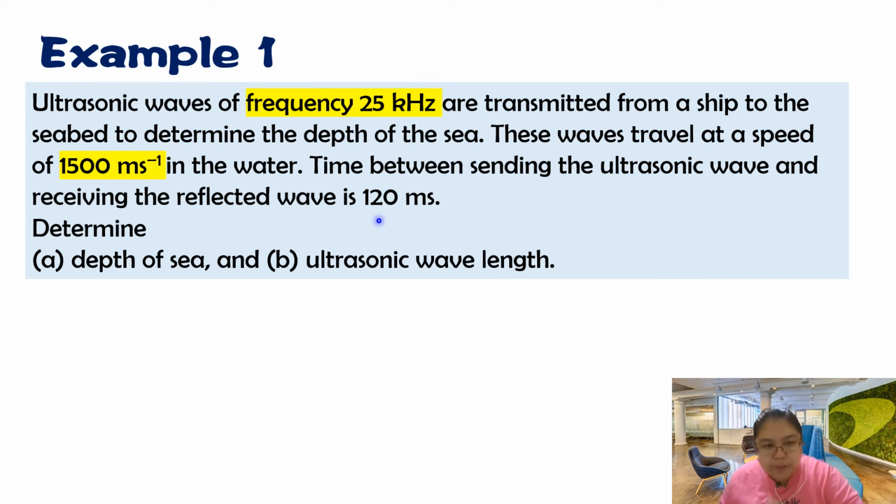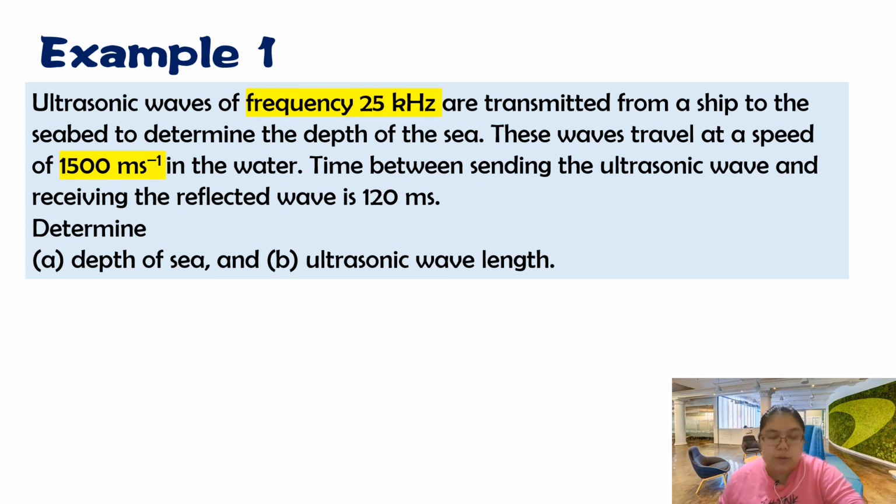So speed and also the total process is two-way. But now the question wants us to find the depth. Depth, we never count two-way, is it? We count one way only. So now your formula: V equals displacement over the time. So from here, we need to find the displacement. But now the displacement is two displacement, because the velocity they count two-way, and the time taken is also two-way.